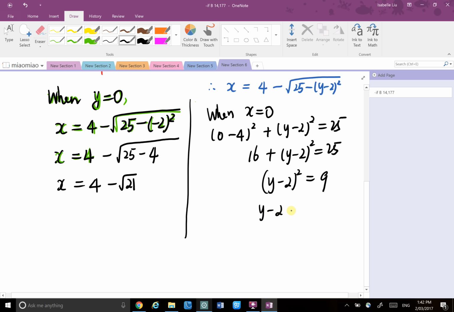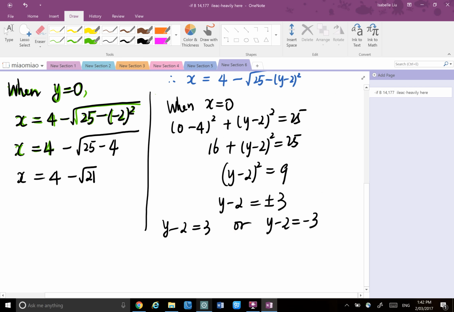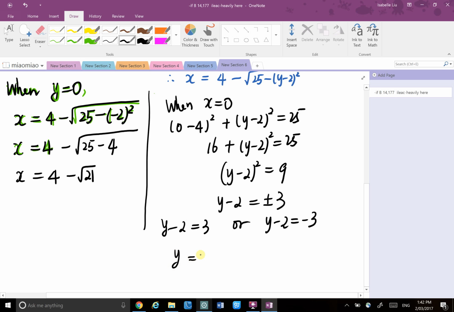So y minus 2 will be plus or minus 3. So y minus 2 can equal plus 3, and y minus 2 can equal minus 3. Y can be 5, or y can be negative 1.